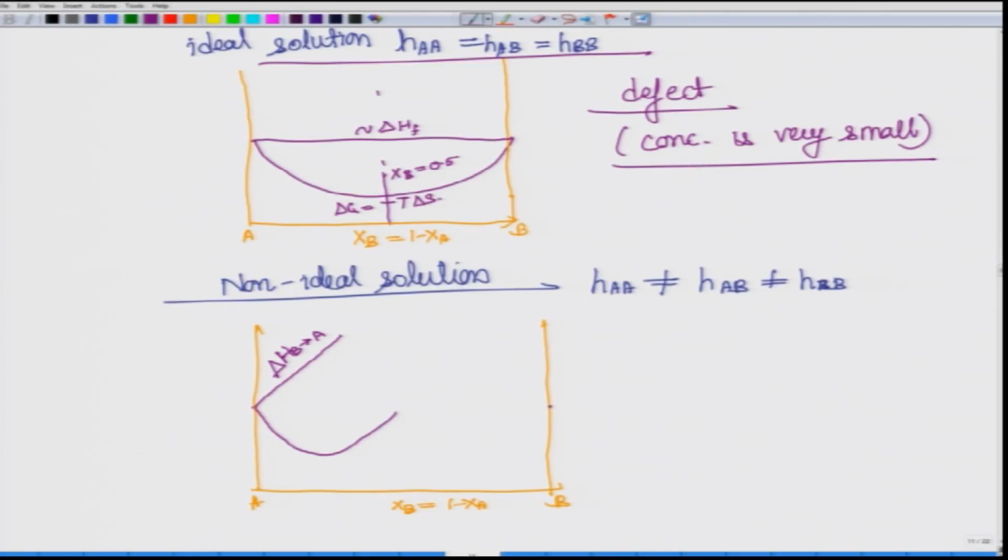On this side again we will have pure B and A is being put in as impurity. So, let me draw it in a more straight line, this is supposed to be a straight line. This is delta H, A going to B. So, here A is acting like impurity and B is the pure material, and here B is the impurity and A is the pure material. So, this will be something like this.